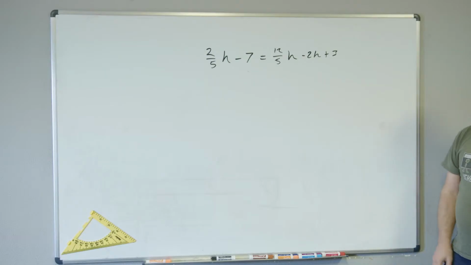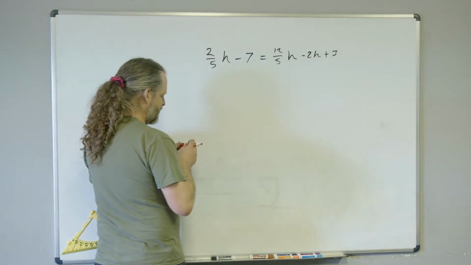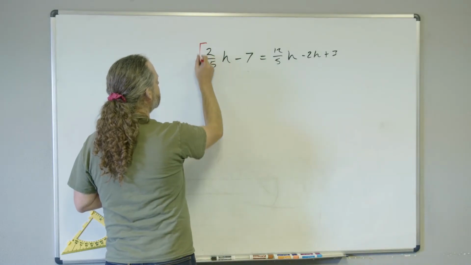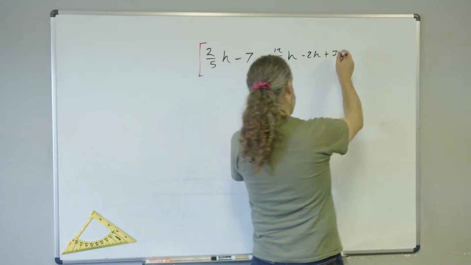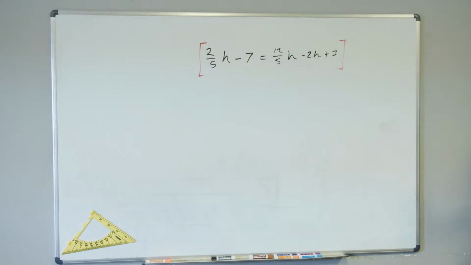Let's do it. So, this is how we do it. We grab us a big old bracket, a big old fat one. And then we look at all of our fractions. And we want to find the least common denominator.